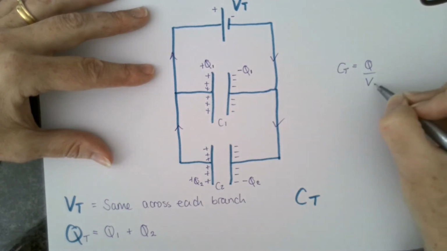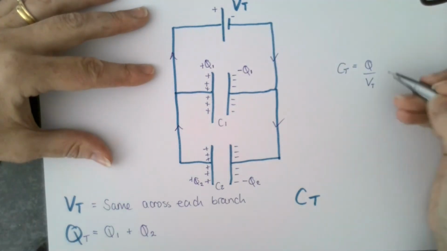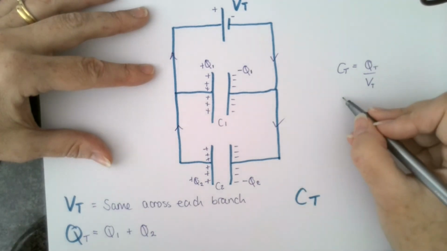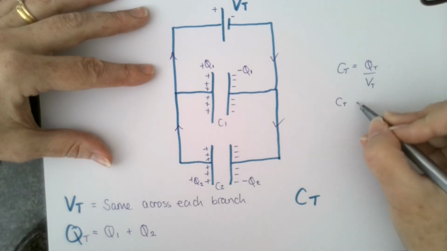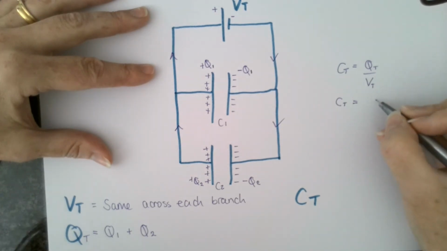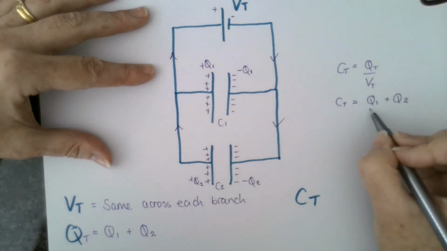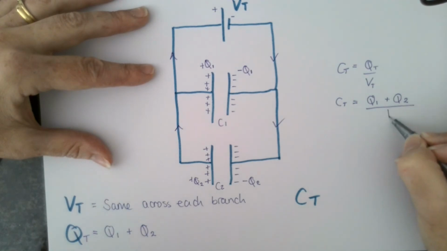So that's always going to be VT. And QT is going to be the sum of the individual charges. So our total capacitance is going to be equal to Q1 plus Q2 over V.